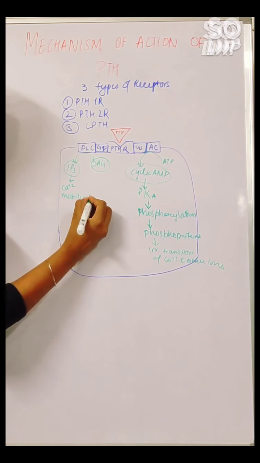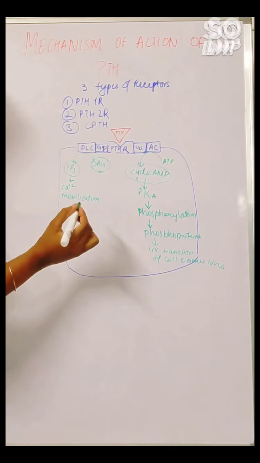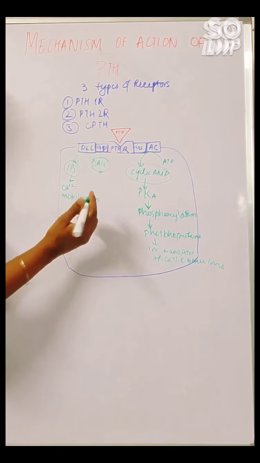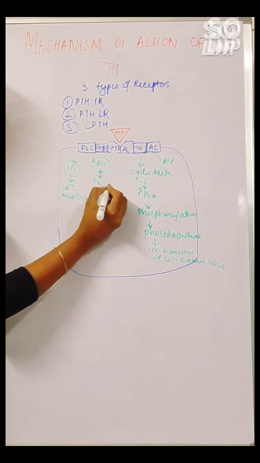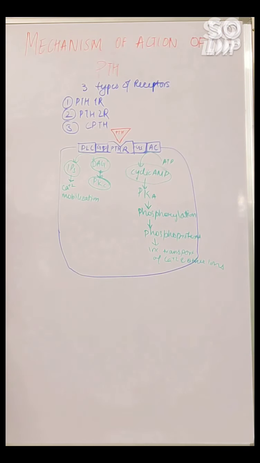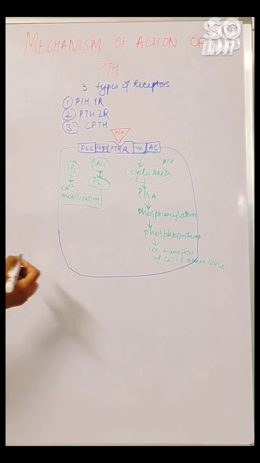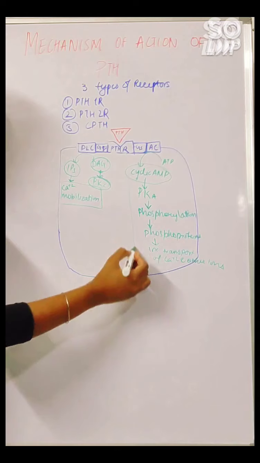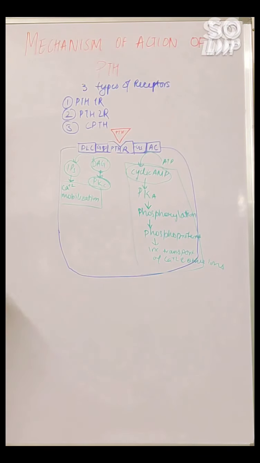Intracellular calcium mobilization happens due to this IP3. DAG activates protein kinase C. So IP3 will cause the intracellular calcium mobilization, and DAG activates protein kinase C. Okay, so this was about it.